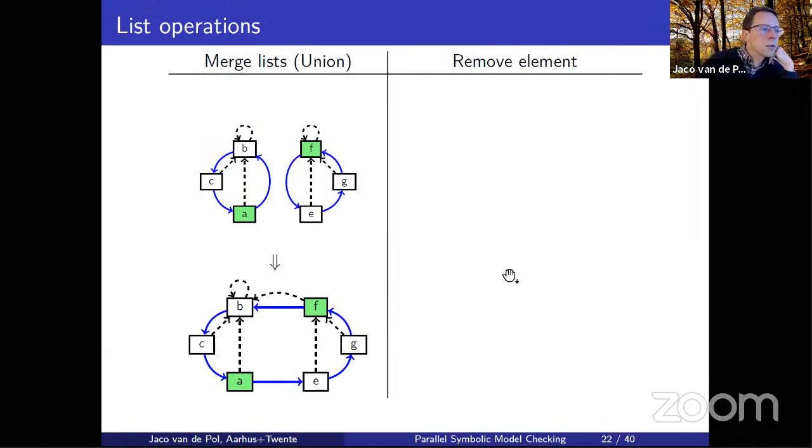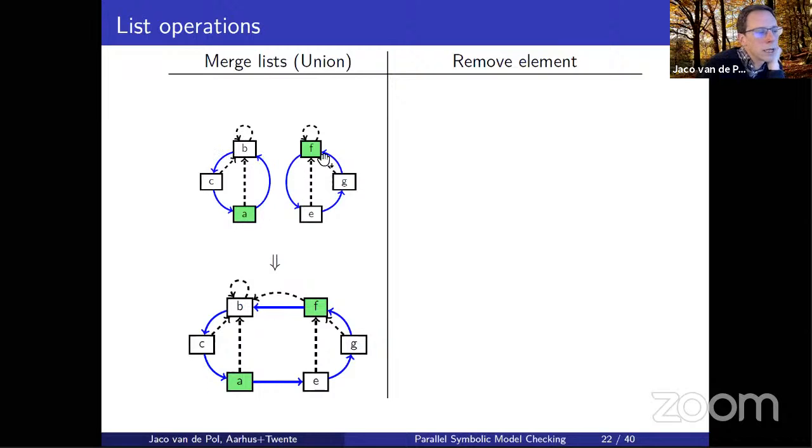Okay, so what about maintaining the list? Now we have a little bit complicated structure. We have the union find structure, which are the dotted lines here, but we also have the cyclic lists, which are the blue lines. And remember, we also have this word of the workers, which I do not show here. Now, if we have two of these subsets, it's quite easy to join them. If you want to take the union of these two, first you do the union in the union find structure, which is just redirect this root to this root.